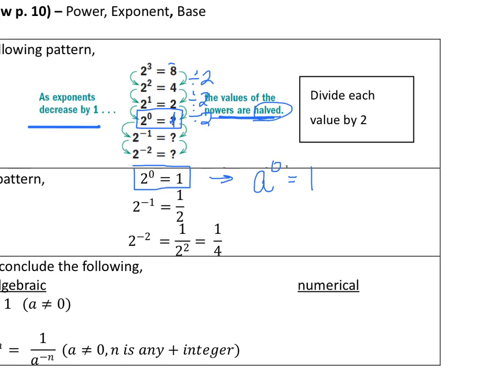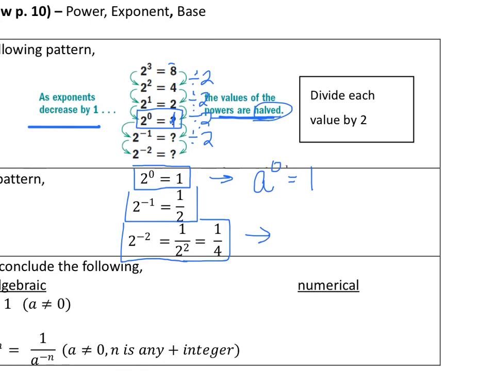Okay? And if we continue the pattern, divide by 2, 2 to the -1 would equal 1/2. And if we keep going, 2 to the -2 would equal 1/4.